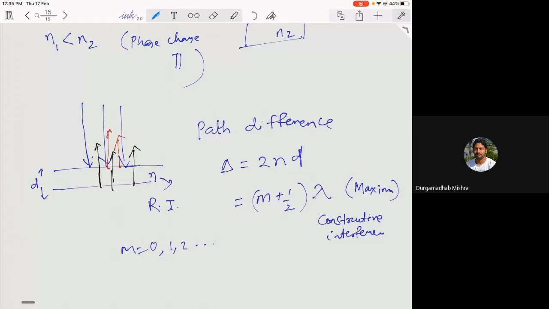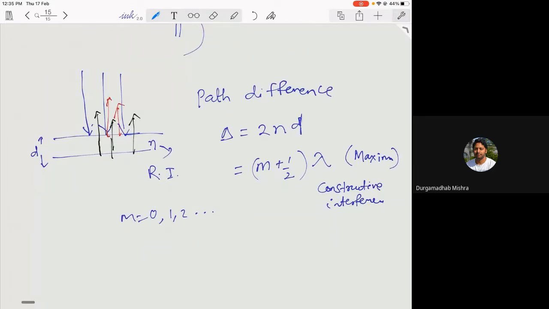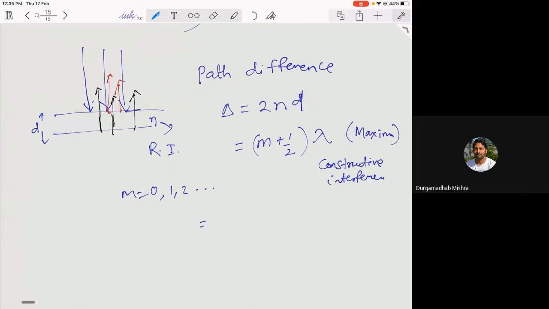Why? Because the red one will undergo an additional phase change of pi, or a path change of lambda by 2. That's why this condition is reversed. Similarly, for minima, or destructive interference, this path difference should be equal to m lambda.